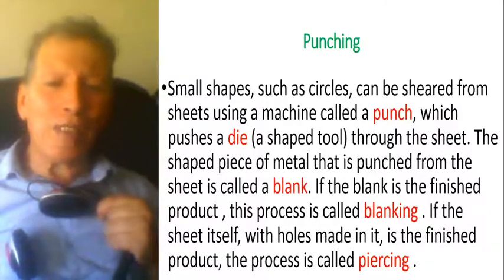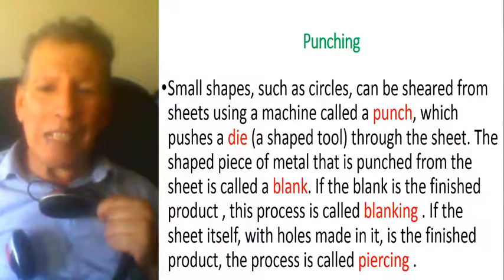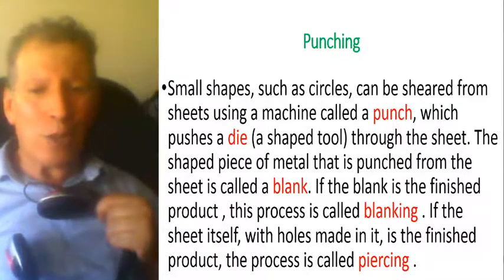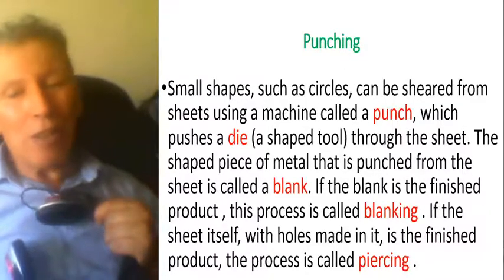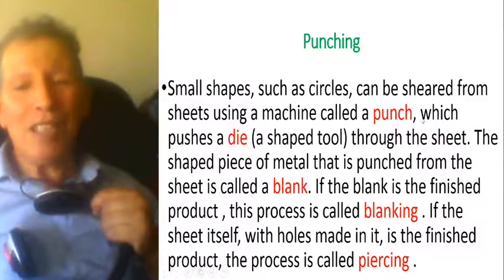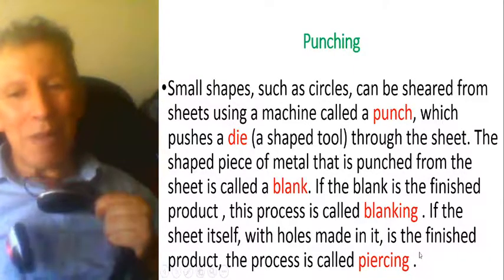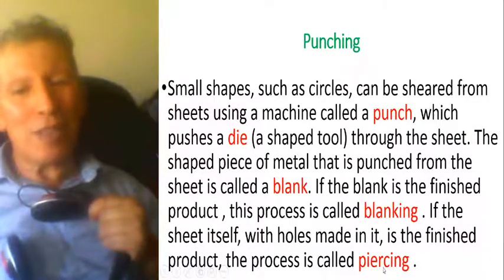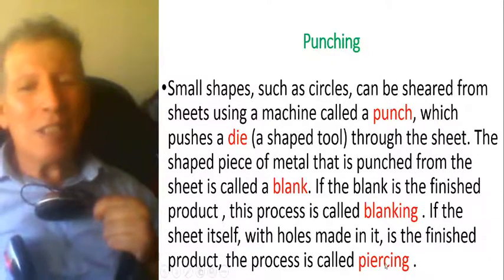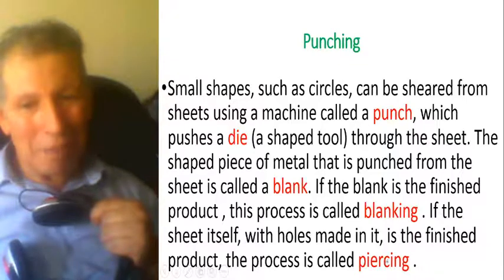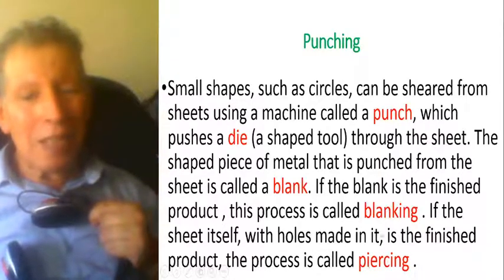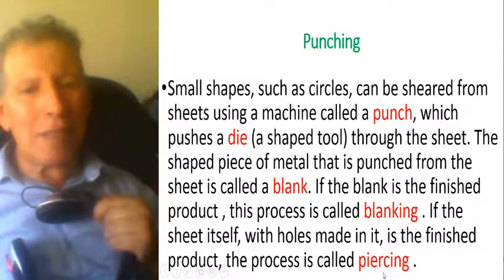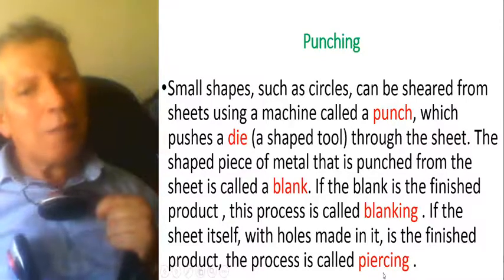If the sheet itself with holes made in it is the finished product, the process is called piercing. Now, nothing to do with the piercing that some women, some men perhaps, also use in their faces, in their ears and lips and noses. No, this is about metals. So piercing, blanking and punching.